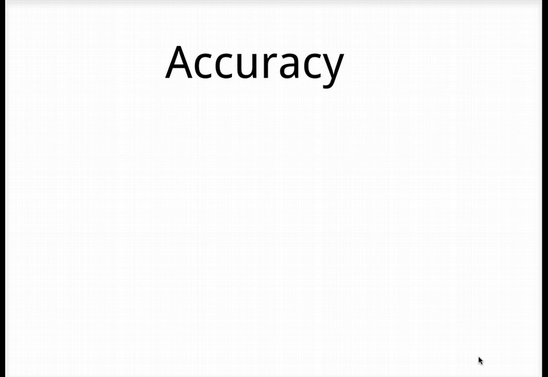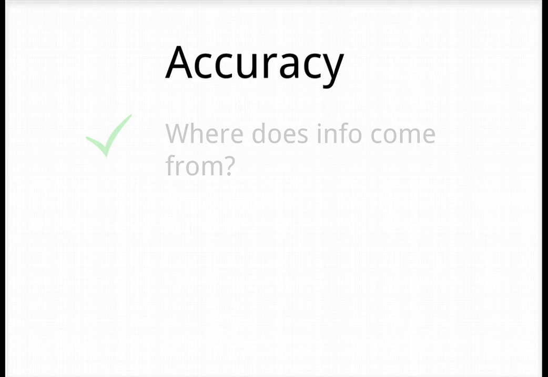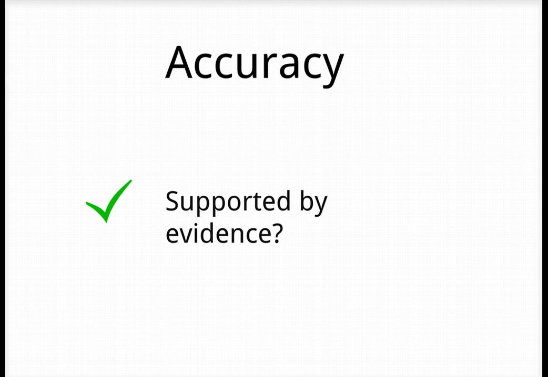Next, we're looking at accuracy, and this is the reliability, truthfulness, and correctness of the content. The first thing students have to ask themselves is, where does this information come from? And is it reliable, truthful, or correct? Knowing where it comes from will help them address that.